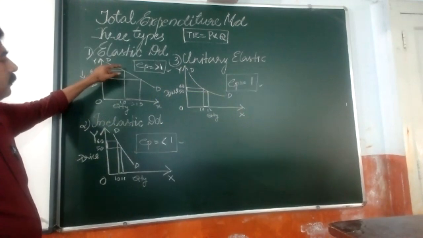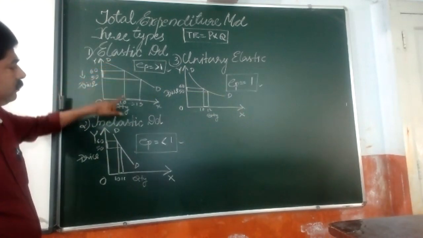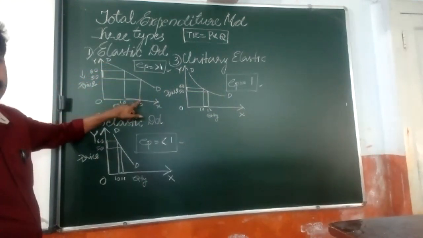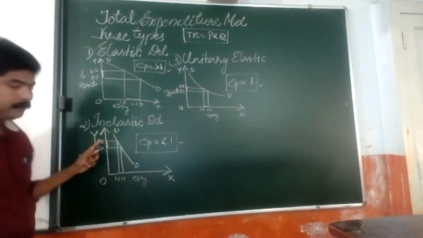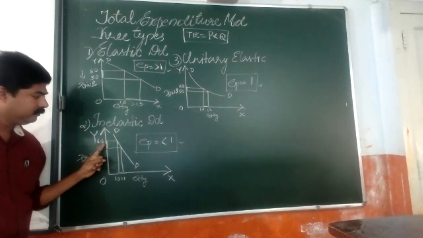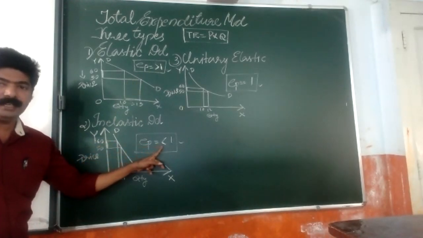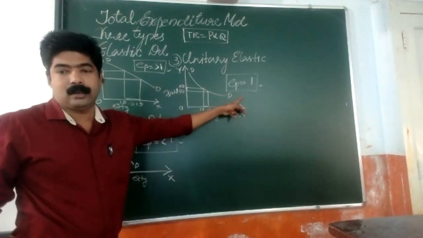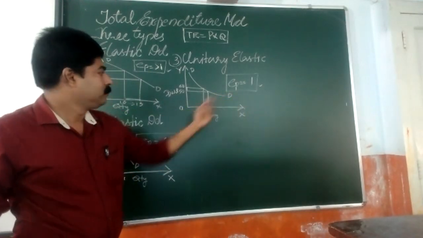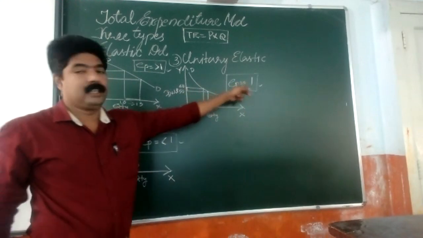Definitions: a fall in price leads to a greater change in the quantity demanded, so greater than 1. Here a fall in price leads to less change in the quantity demanded, therefore less than 1. Here total expenditure never changes, both are equal, and therefore equal to 1.